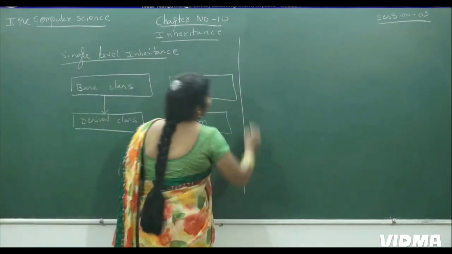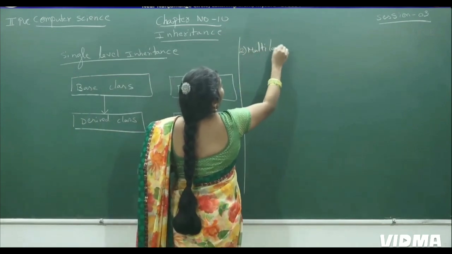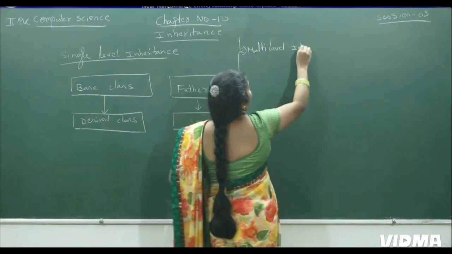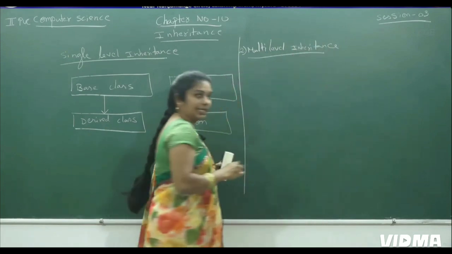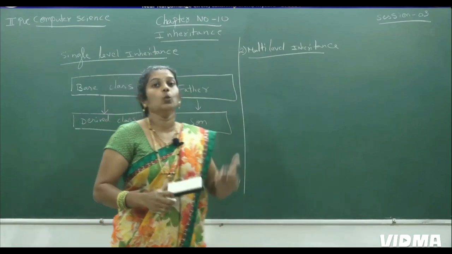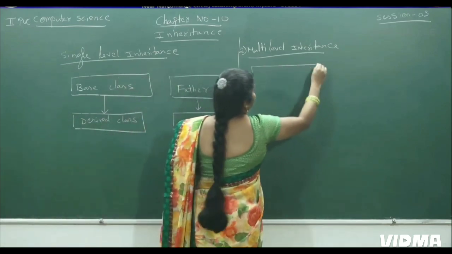And the second one, multi-level inheritance. What do you mean by multi-level? More than one level is there. For example, here I take a base class.